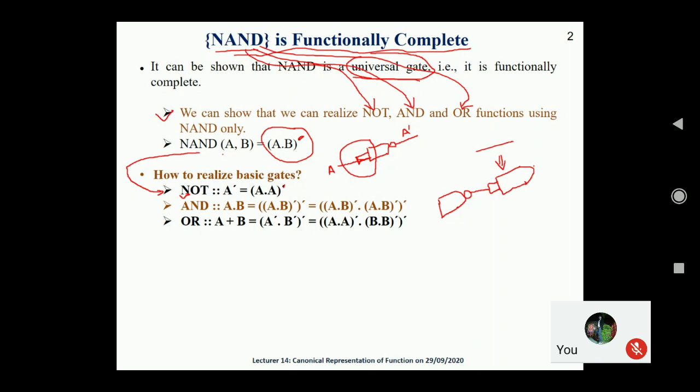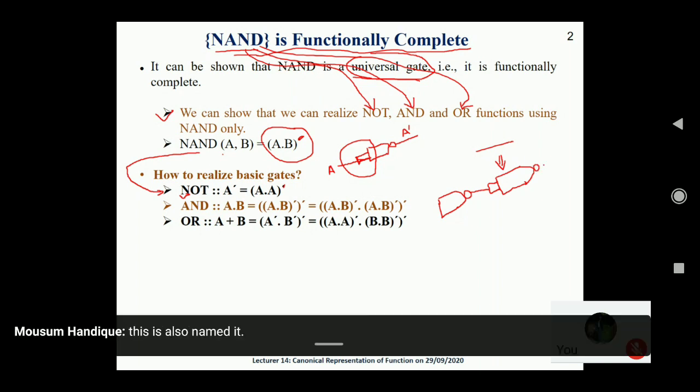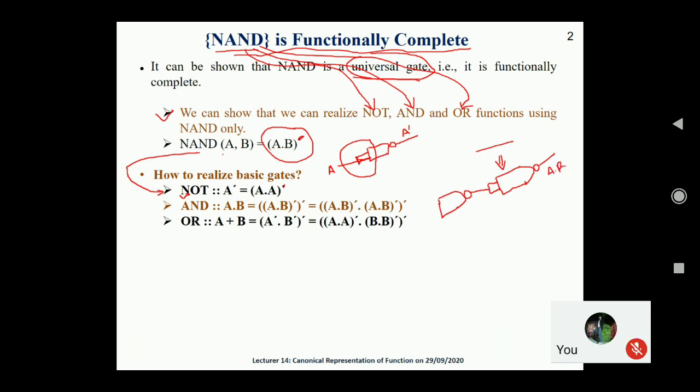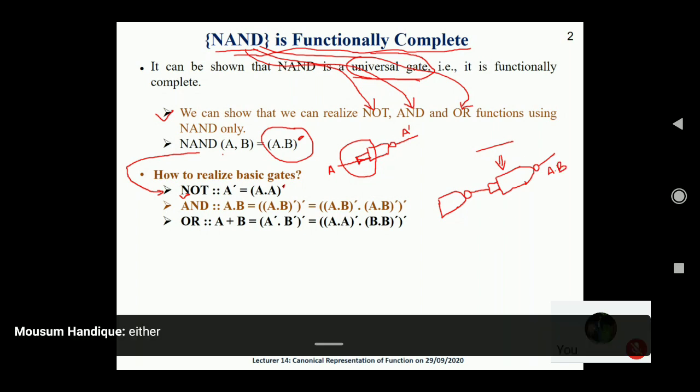This is also a NAND gate, and we are getting A dot B. This one we can call A, and this one we can call B.